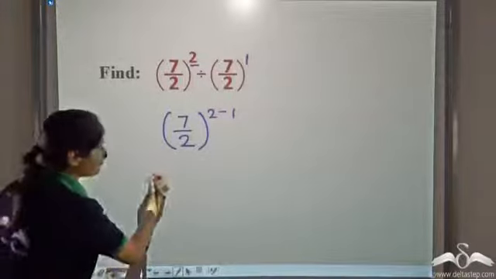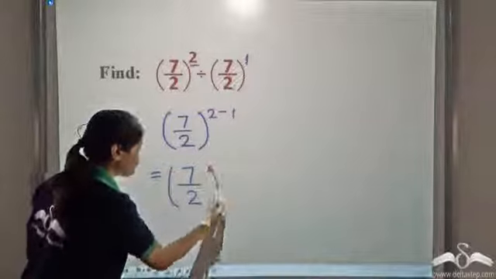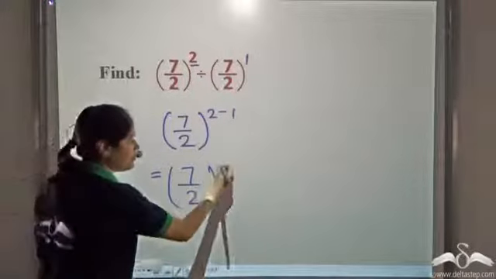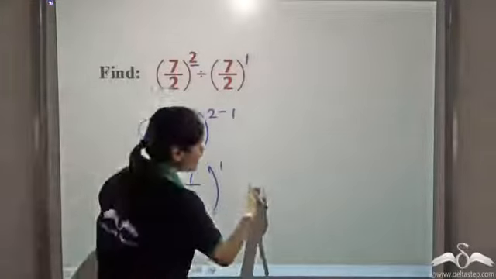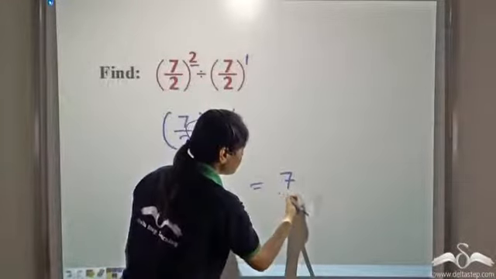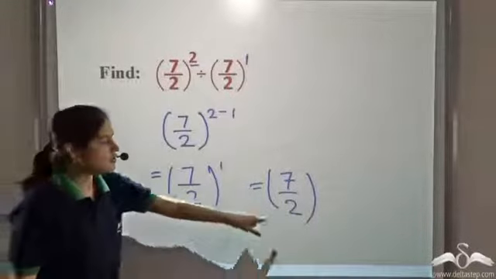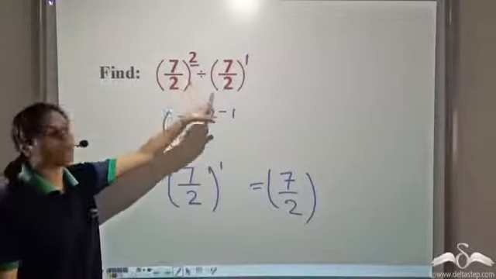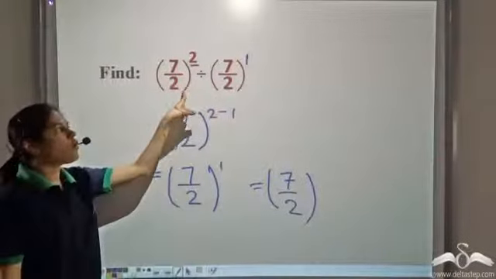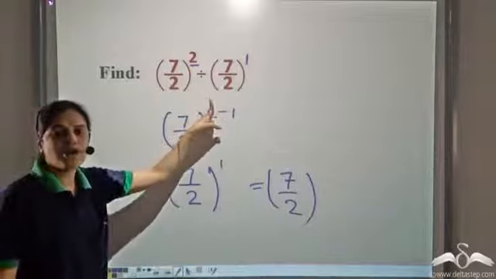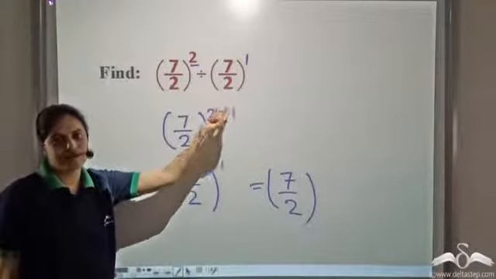So we have 7 by 2 to the power 1, which is equal to 7 by 2. So this is the solution for this problem. So we see that the law of exponents for division holds even when the base is a fractional number.